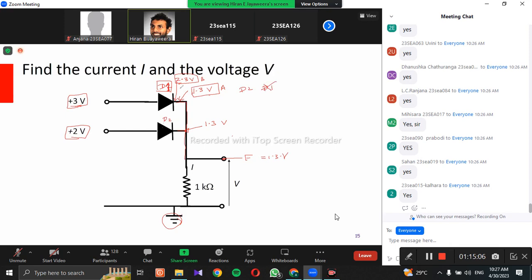However, if you consider 2.3, it works with D1, as well as when you have 2.3 volts here in the conductor, D2 gets reverse bias. So that is also possible. Therefore, we have to reject 1.3 and accept 2.3 volts.